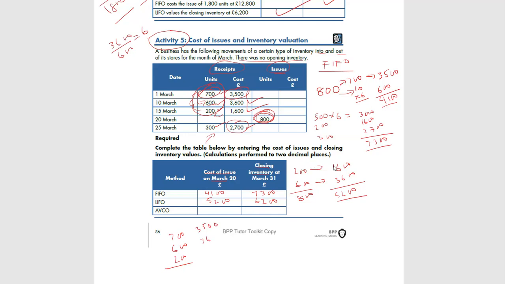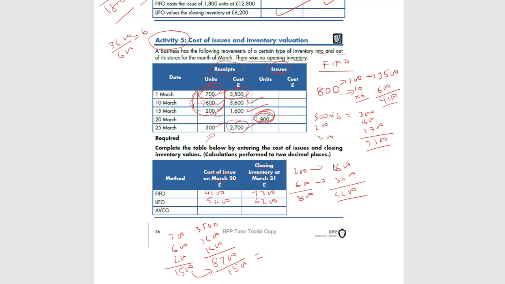That gives me 8700, and the units add up to 1500. If I divide by the 1500, that gives me the average of 5.8 per unit.